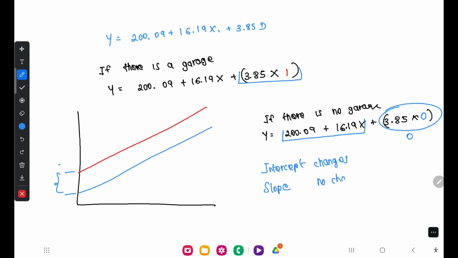Slope no change. Now when we move on to the concept called interaction term, you will see that this will not be the case, because over there your slope is going to change with the intercept because of the interaction term which is being added. But for now, just remember, if there is no interaction term, only your intercept will change, the slope will remain the same.